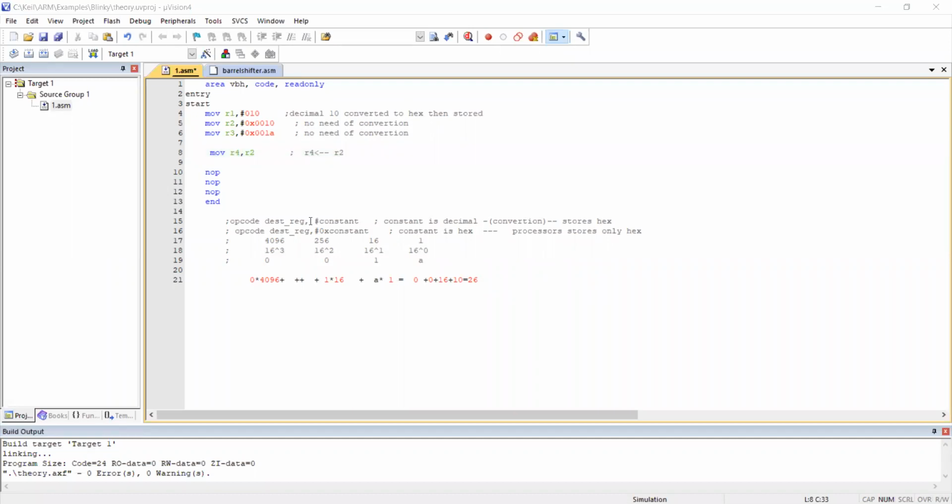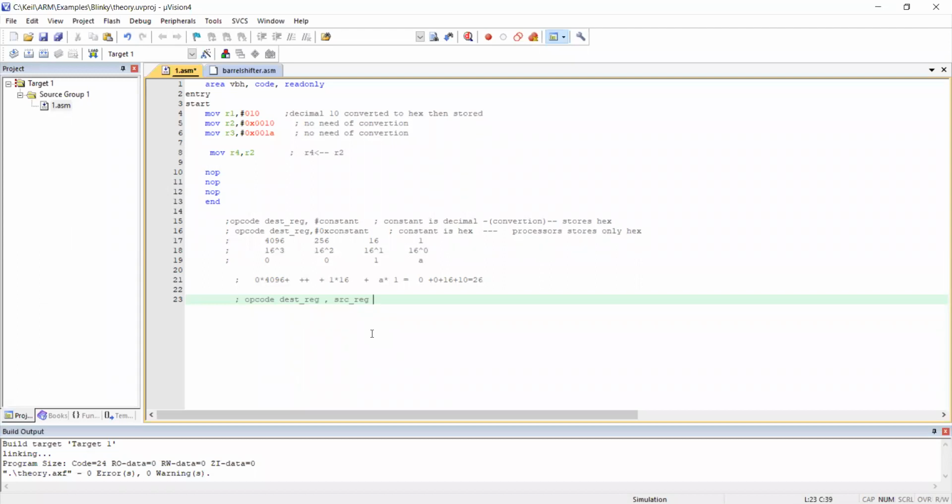Correct. See why it is correct. Go back to the syntax. What is the syntax here? The syntax is opcode, destination_register, then comma, source_register.